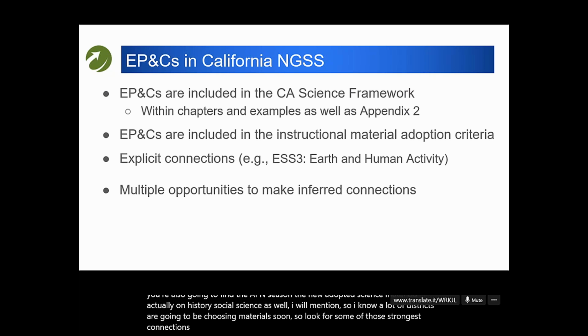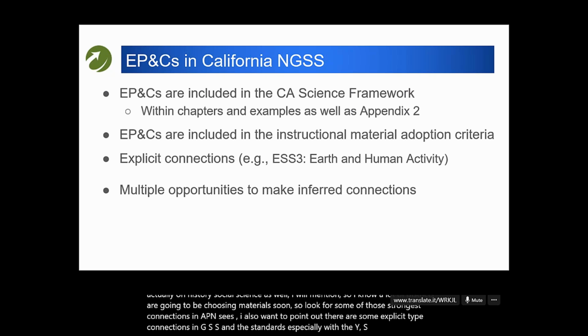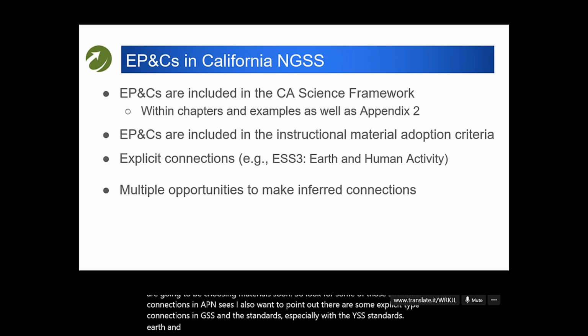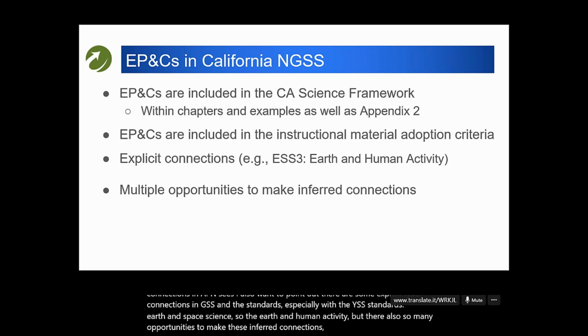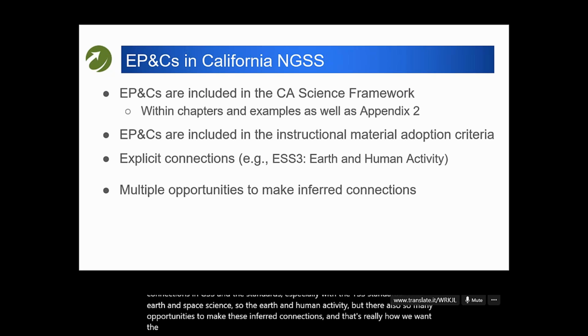I also want to point out there are some explicit connections in NGSS and the standards, especially with the ESS standards, Earth and Space Science, so the Earth and human activity. But there are also so many opportunities to make these inferred connections, and that's really how we want the teachers to apply these EP&Cs.